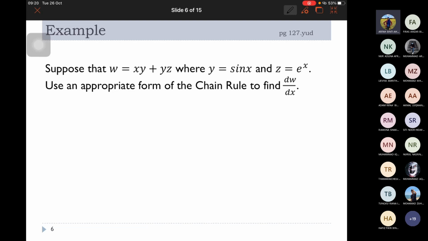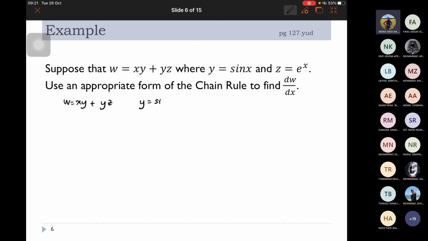Okay. So W sama dengan XY. W equal to, kalau awak tengok yang ini semua ada dalam sebutan ni. W equal to XY tambah YZ. Okay.